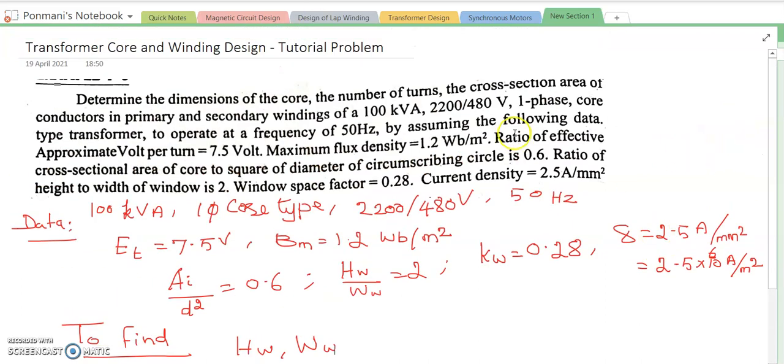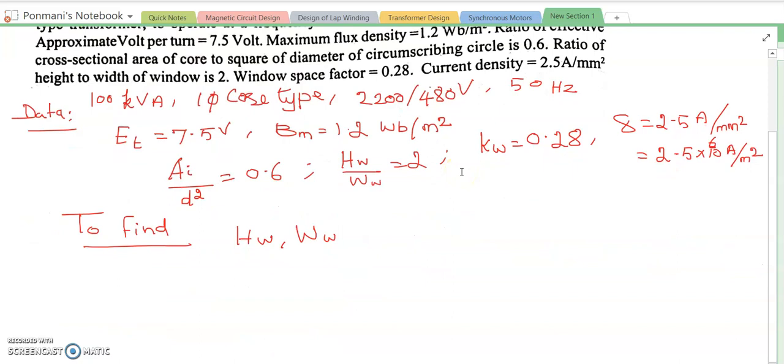another one is dimensions of winding. Winding design also we have to do: the number of turns and cross-sectional area of conductors at primary and secondary windings of the transformer.